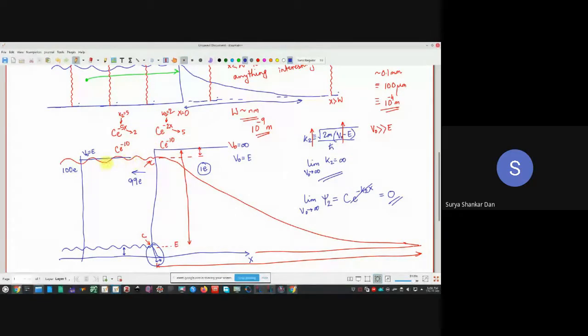You understood? So, yeah. See, if it is going in one direction, like a to the power of e to the power of i k1x, this is a progressive wave. Once it comes and progresses over here, and then this b e to the power of minus i k1x, that is also a progressive wave in the reverse direction.